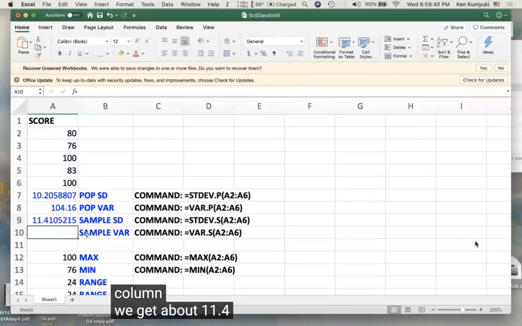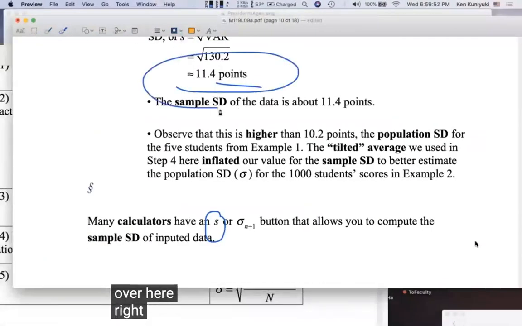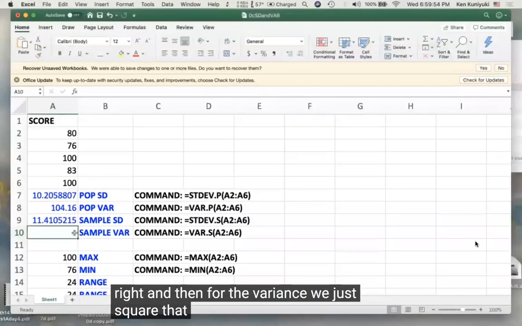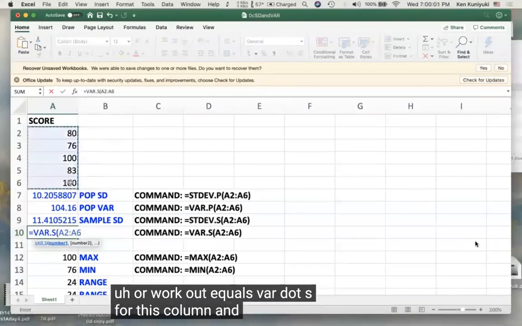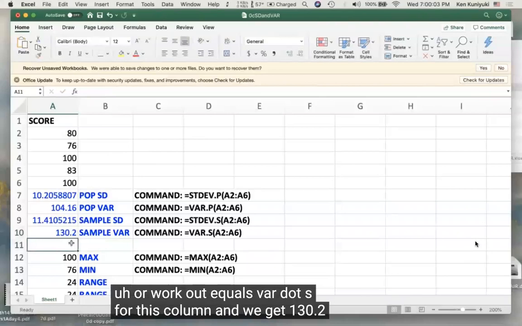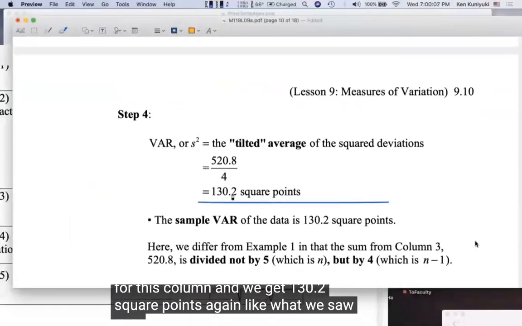We get about 11.4 points, as we got over here, right? And then for the variance, we just square that or work out equals var dot s for this column, and we get 130.2 square points. Again, like what we saw over here.